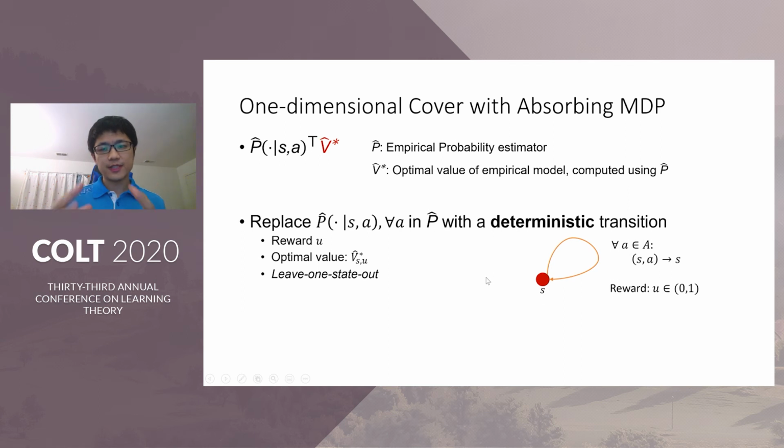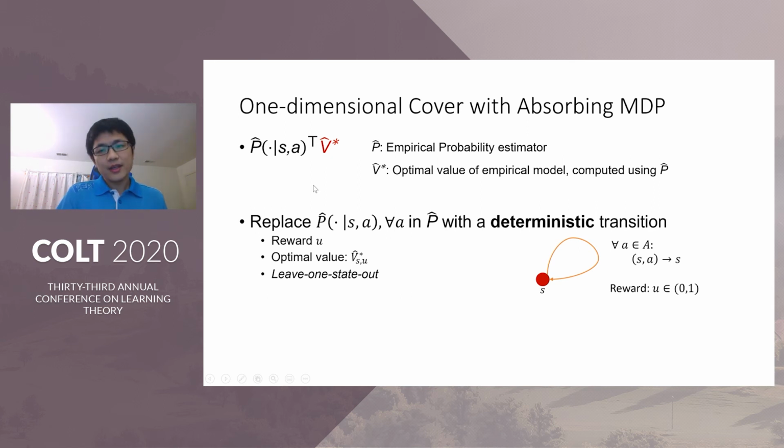Of course, you solve this new Markov decision process, you can get a vector. To obtain a cover of this value function, we can adjust the reward function of this transition. In fact, you can show that you can pick a good reward value u applying here, and you can obtain exactly the same value as the original one.